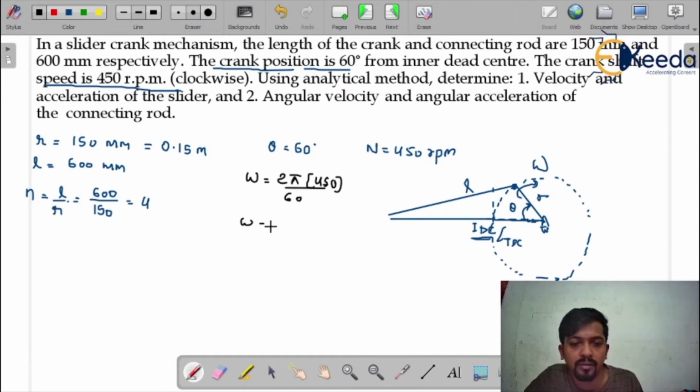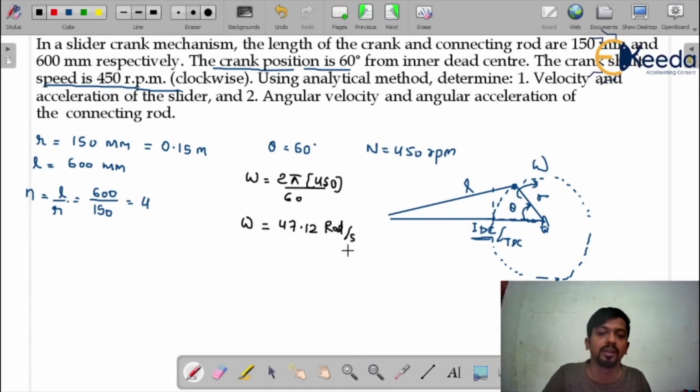When you solve this using a calculator, the value of omega comes out to be 47.12 radian per second.